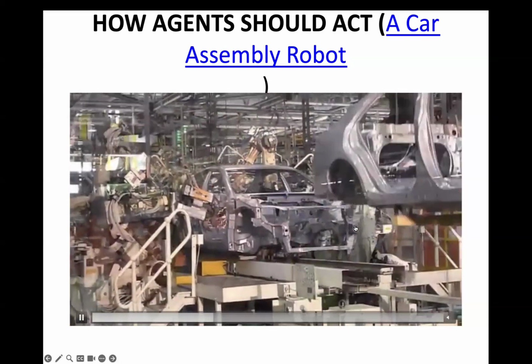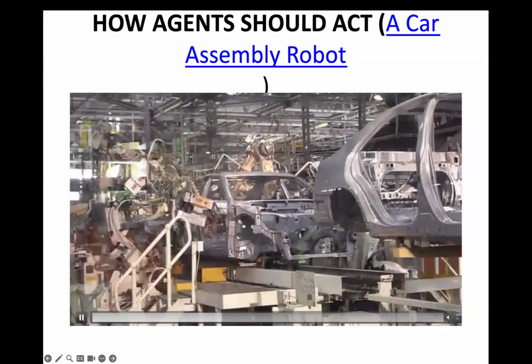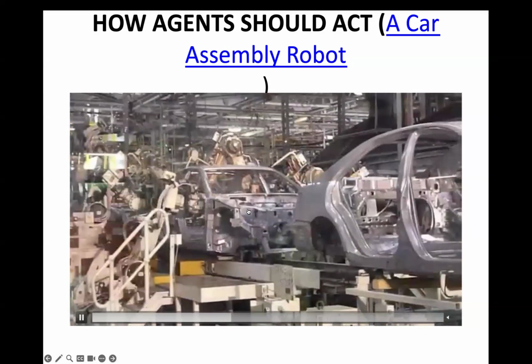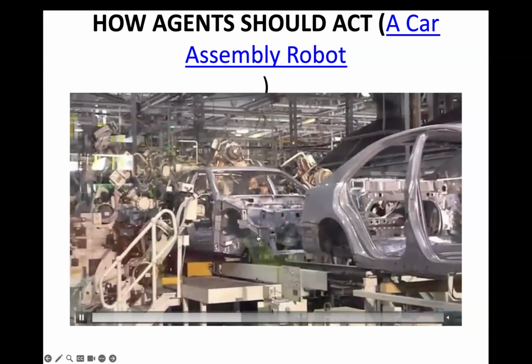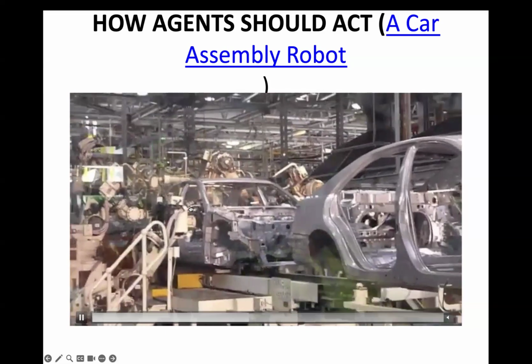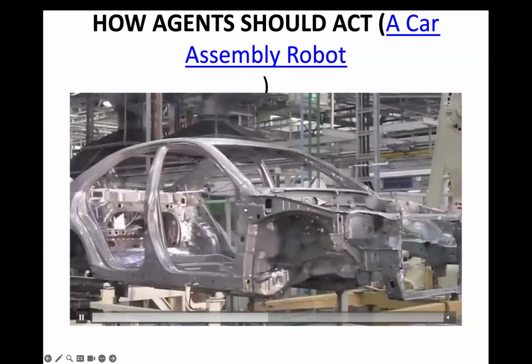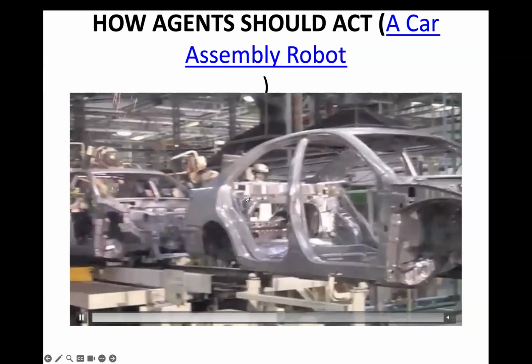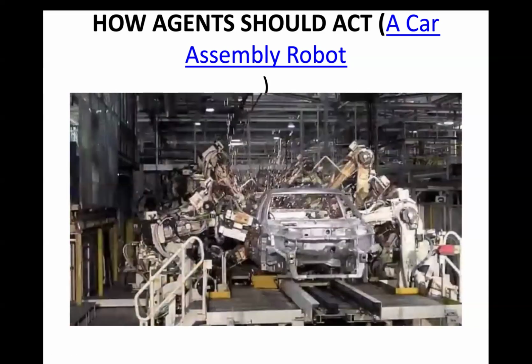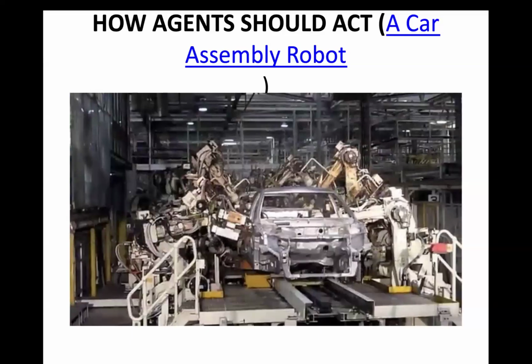The agent is supposed to detect when there's a vehicle chassis, the body of the vehicle, and then put the screws, the bolts and the nuts. It's supposed to put them in the appropriate place.